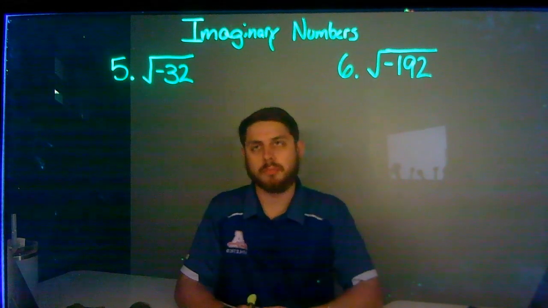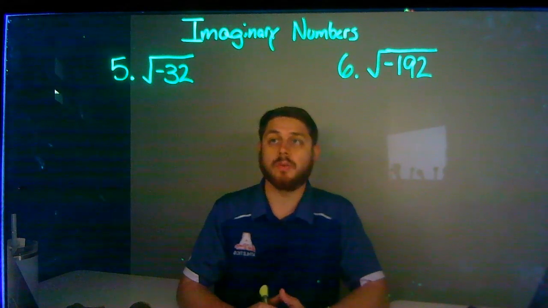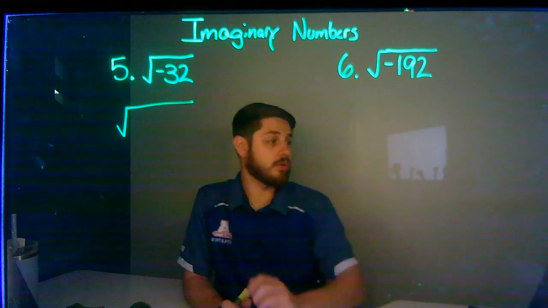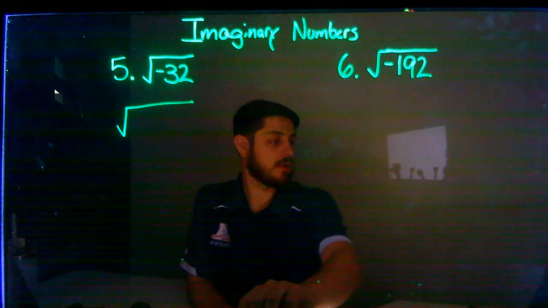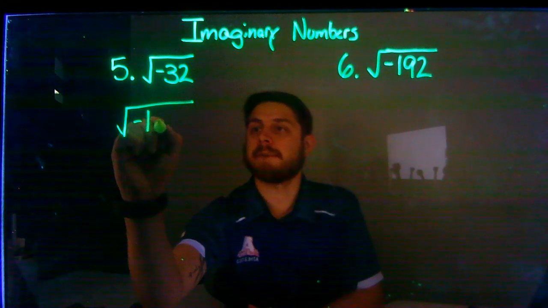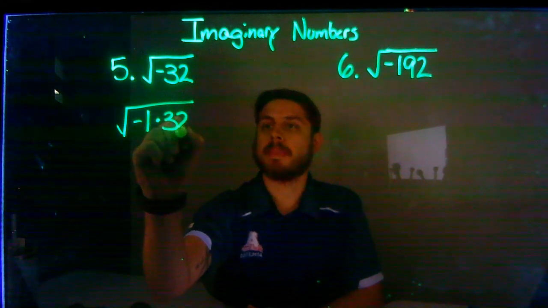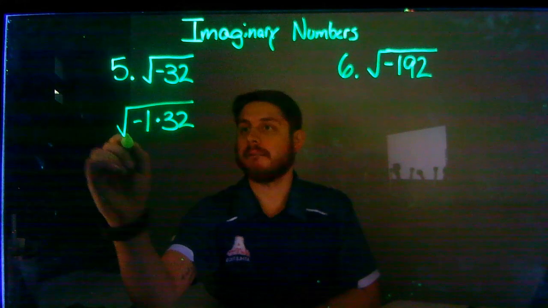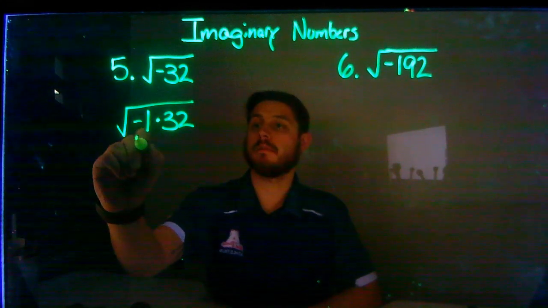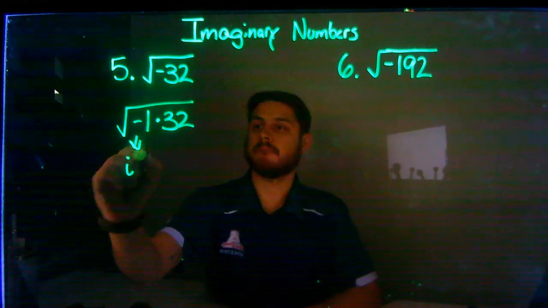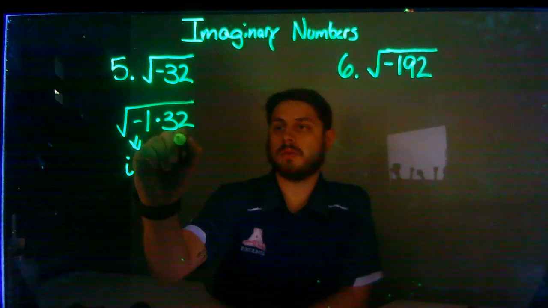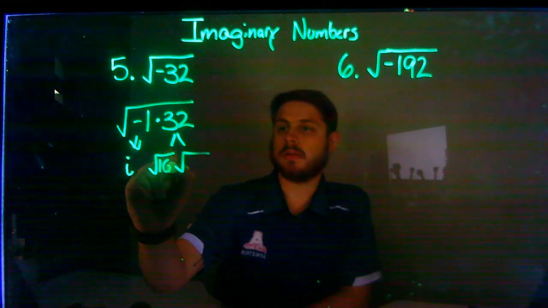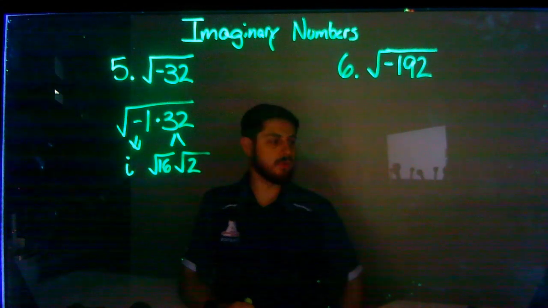And again, here, we're going to have to break these down as far as we can. So again, first things first, I'm going to rewrite this radical here as -1 times 32. And again, the square root of -1 is i. 32 is going to break up into 16 times 2.